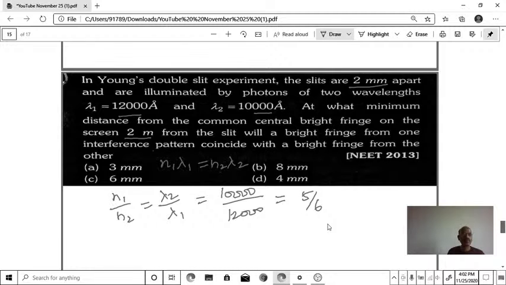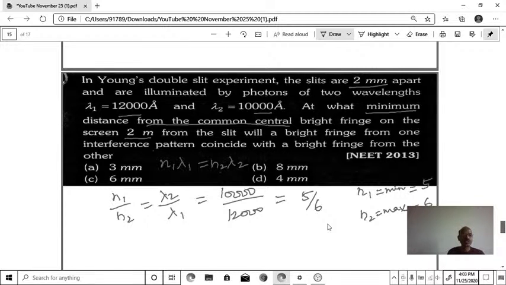Now n1 is minimum and n2 is maximum, so n1 is the fifth fringe and n2 is the sixth bright fringe. The question asks for the minimum distance from the common central bright fringe on the screen.